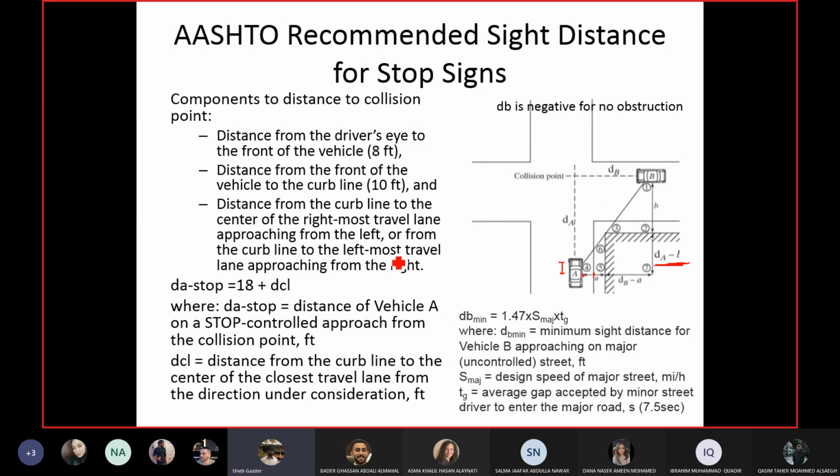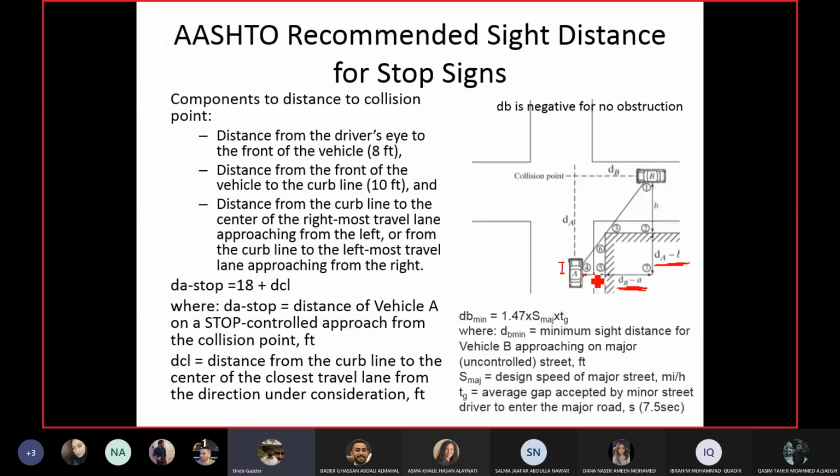If you are taking it from here, then it will be this distance, TB minus A. From the curb line to the center of the rightmost lane, approaching from the left.